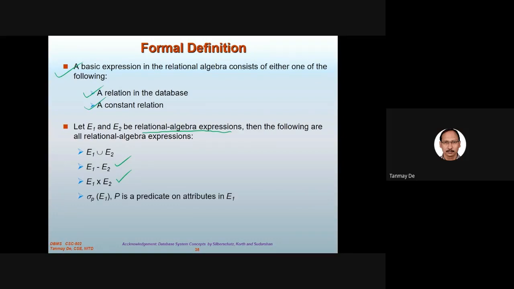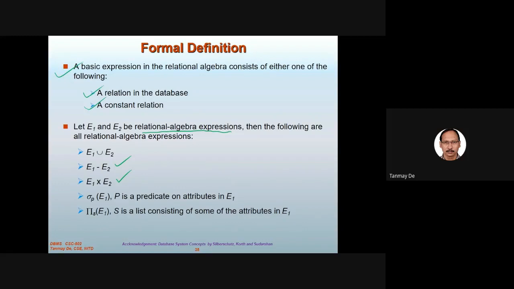Select operation is also a relational algebra expression, where P is the predicate on the attributes of E1. And this is the project operation. Here, S is the list consisting of some of the attributes of E1.